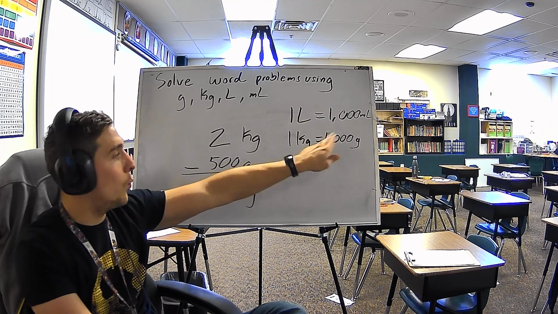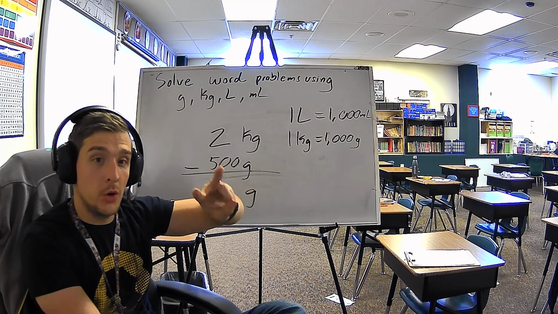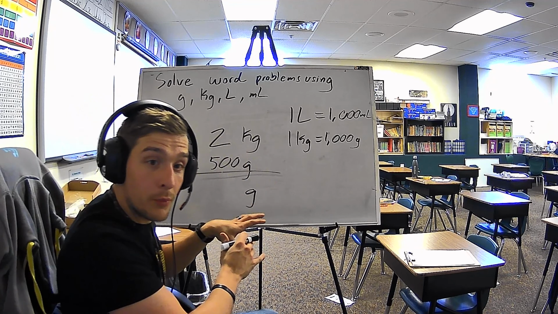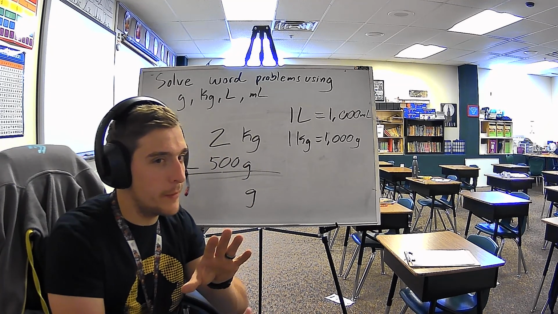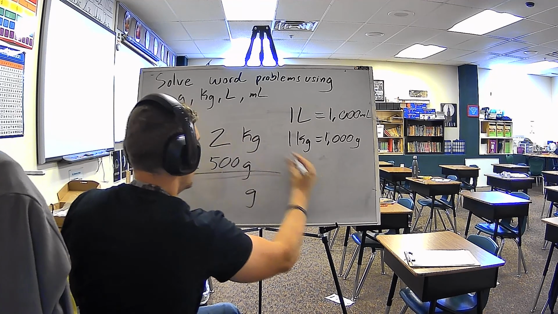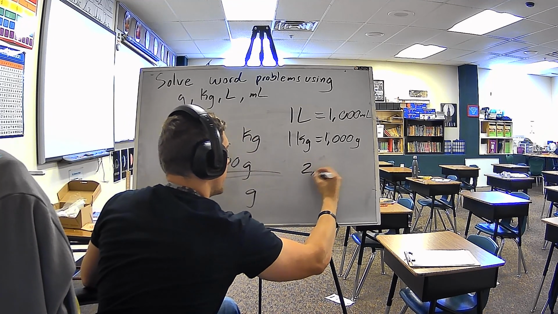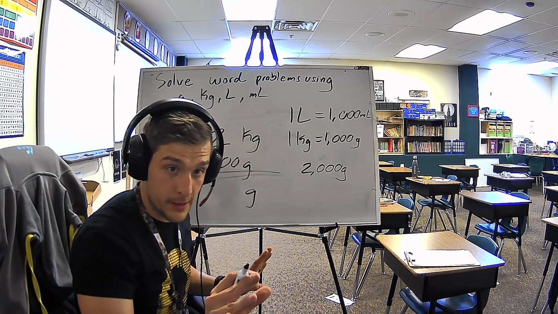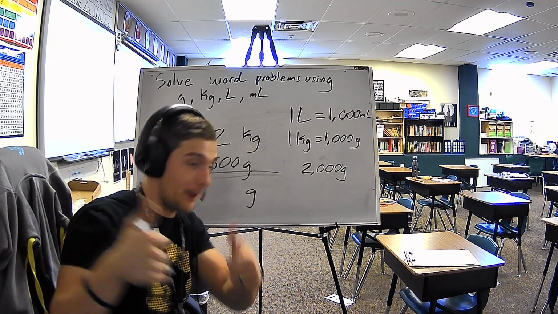Well, if 1 is 1,000, that would mean 2 is 2,000. And then I can rewrite my own problem here. I'm not changing information, I'm just kind of translating it into something else. So 2 kilograms can also be written out as 2,000 grams, correct? We're good on that? Hopefully we're good?